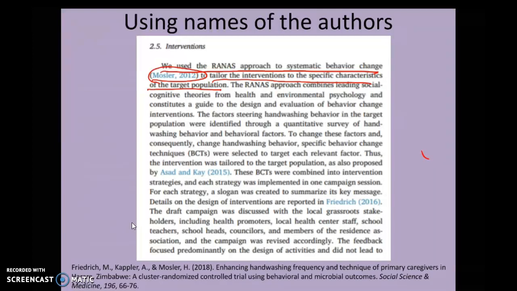So similar to what the previous article did, just stating what the authors are doing with the reference. But then a little bit later on, I want to point out this sentence to you. Thus, the intervention was tailored to the target population, as also proposed by Assad and Kay 2015. This is a very common strategy if you want to highlight particular authors.